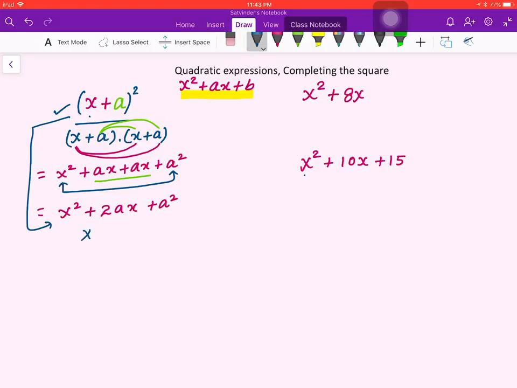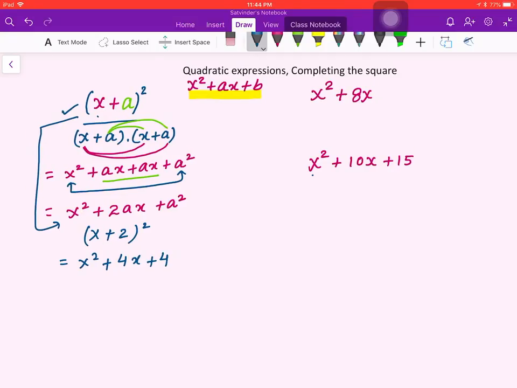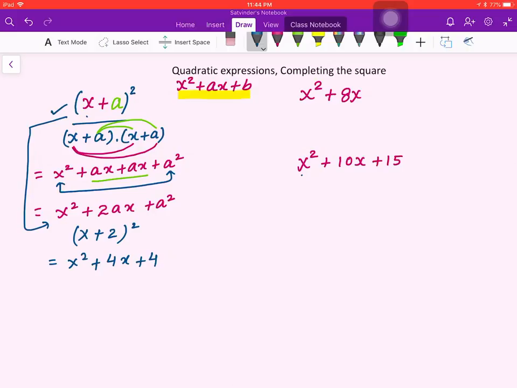If you say (x + 2) squared, a is 2 here, so 2 times 2 is 4, so x squared plus 4x plus 4 is the expansion of (x + 2) squared.